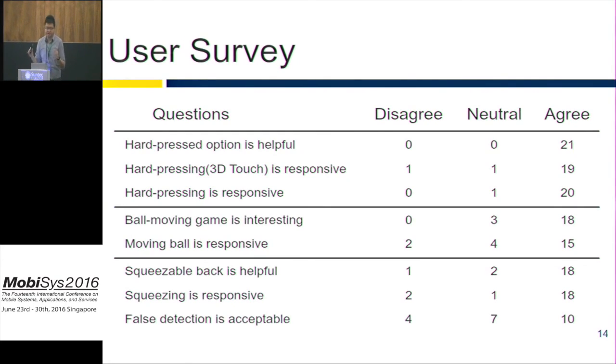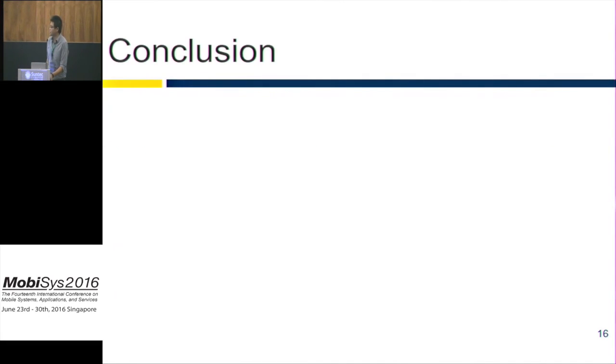So all the results I show here indicate the real benefit the user can get from our ForcePhone technology. That's the reason I like this part of the evaluation, because it shows the real thing users can get.